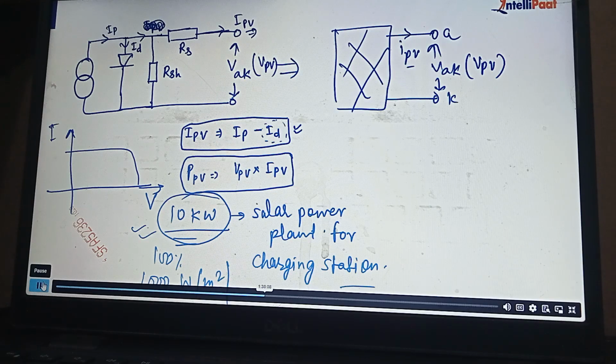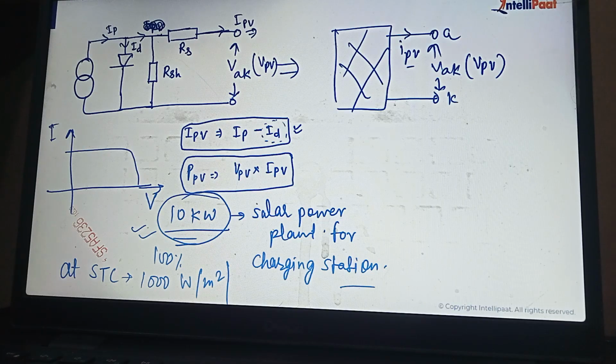That is according to standard test conditions, people call it STC. At STC, the insolation is 1000 watt per meter square. But still, there will be some losses, sir. You won't get 100%. What kind of losses are occurring?